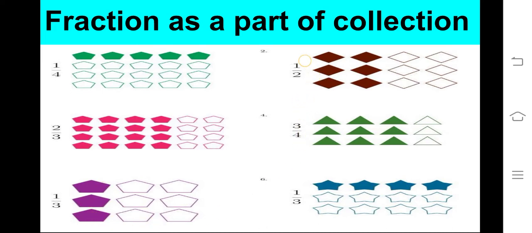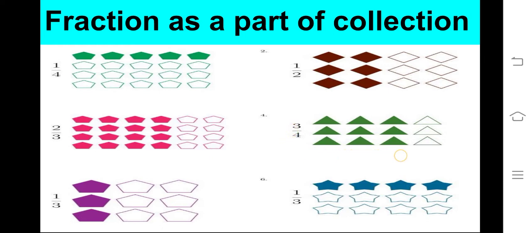Coming to this, half, 1 by 2. There are 12 figures here. So half of 12 is 6. So 1, 2, 3, 4, 5, 6 are colored. Now 3/4.